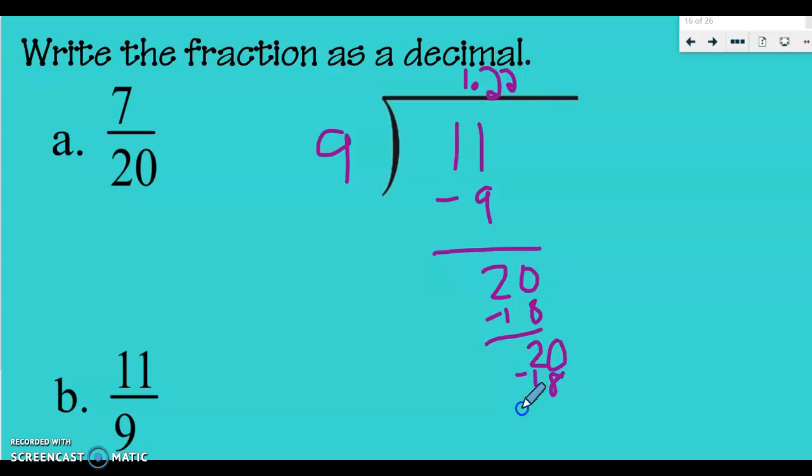You can see if I continue this pattern, I'm going to get some repetition of 2s. Add a 0 for help. Minus 18 again because it goes in 2 times. So there's a repetition. So that means it's repeating 2s. So I can write it as 1.2 with that repeating line over it to repeat.